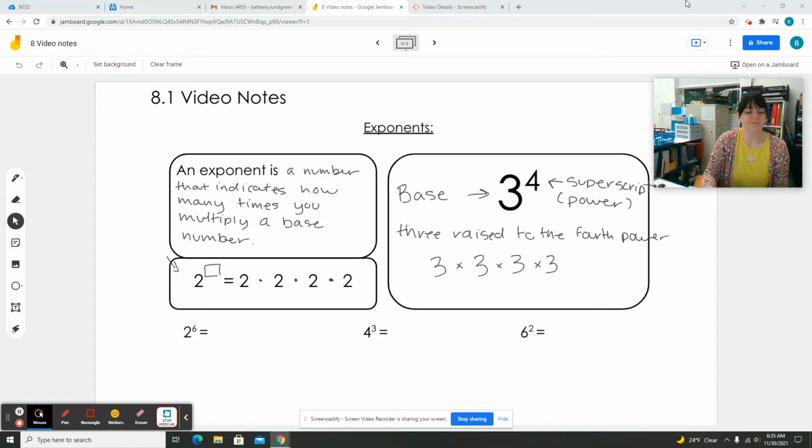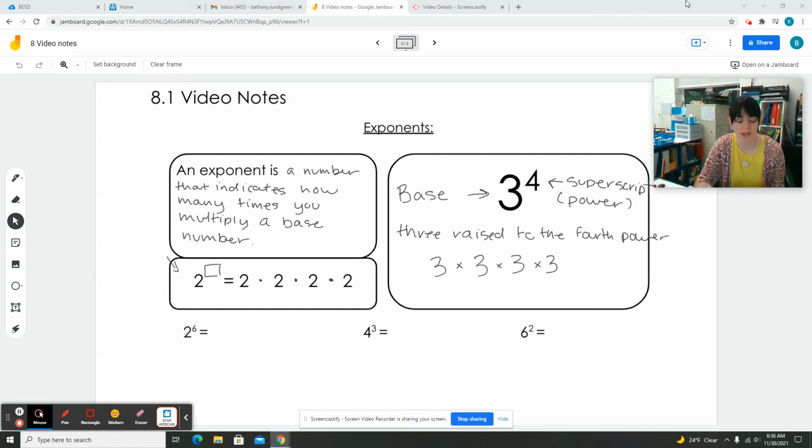Okay. So now that we have a little bit of an introduction of what an exponent is, let's practice. We have 3 exponents here along the bottom of your paper. And we are going to expand these into a multiplication expression. Okay.